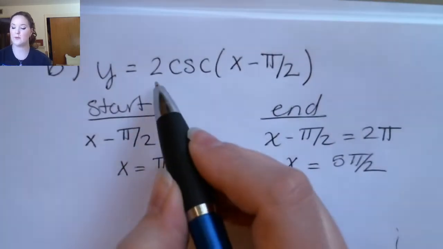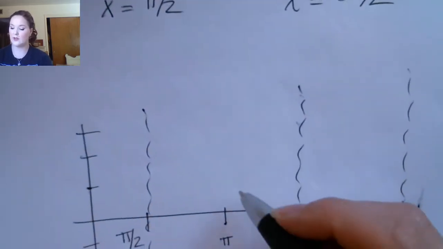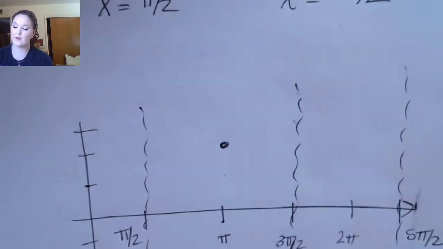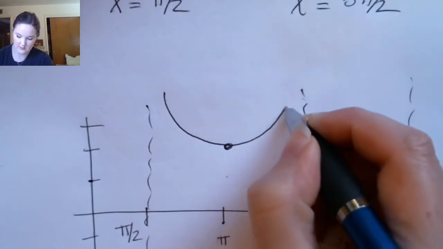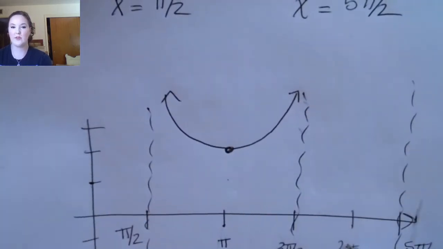So our y transformation is a vertical stretch by 2. Normally this point is at 1. 1 times 2 is 2. So the bottom of this part of the graph is going to be at 2, like this. Now the bottom of this part of the graph is normally at -1. -1 times 2 is -2.